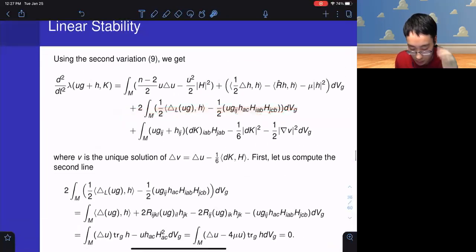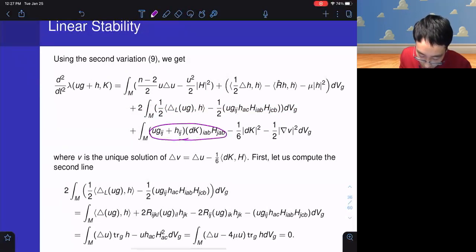And the next thing is a little bit tricky, because as I said, this is the hardest one. We have U dK H plus H_IJ dK_IAB H_JAB.